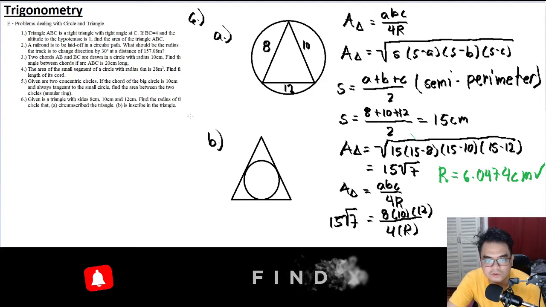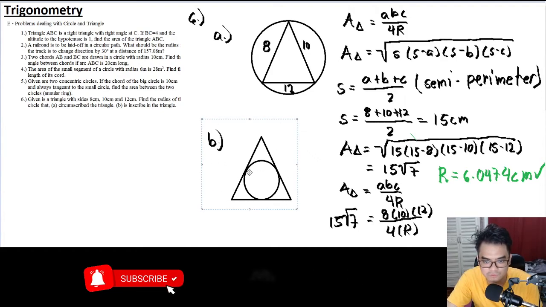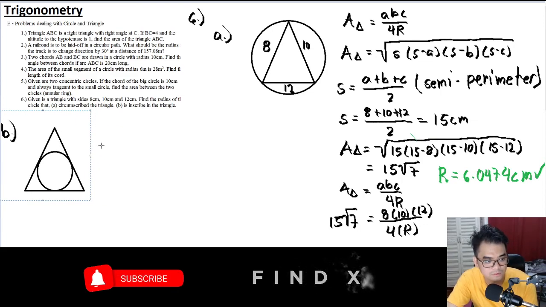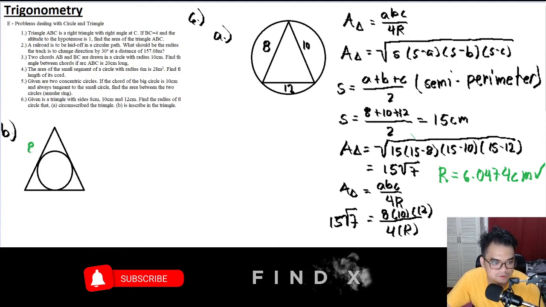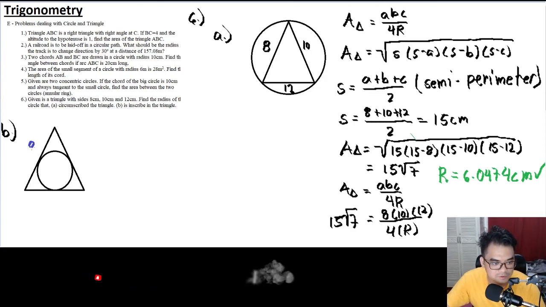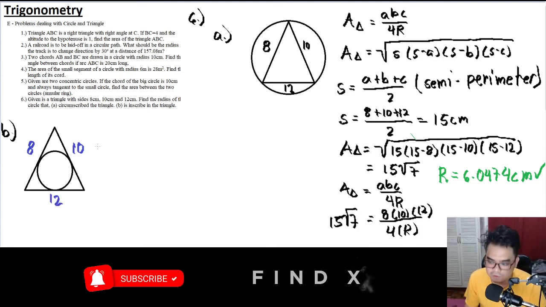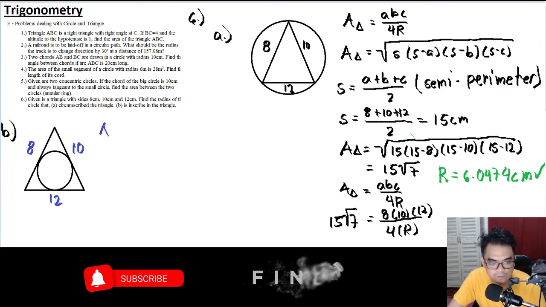Okay, so let's try now letter B. I will move this drawing to here. We still get the same triangle, so we can say that this is 8, 10, and 12. If the circle is inside the triangle, this is much simpler. The formula is that the area of the triangle is just equal to RS.